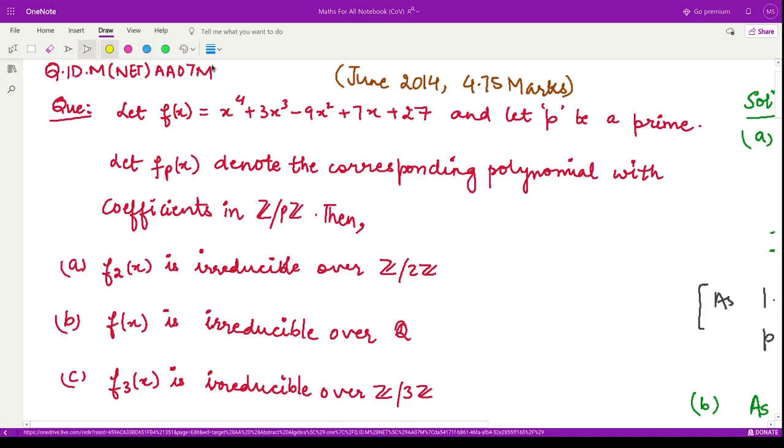In this video we shall see a question from June 2014 carrying 4.75 marks. This question is from Abstract Algebra. Let f of x be a fourth degree polynomial and p some prime number. Then f_p(x) denotes the corresponding polynomial with coefficients in Z/pZ, that is, the integers modulo p.